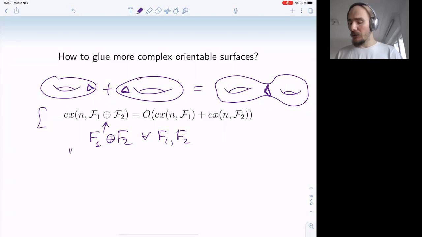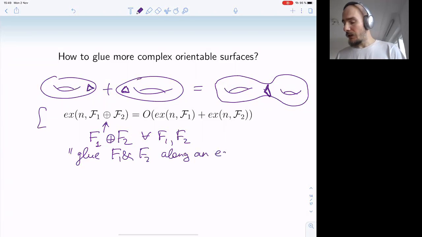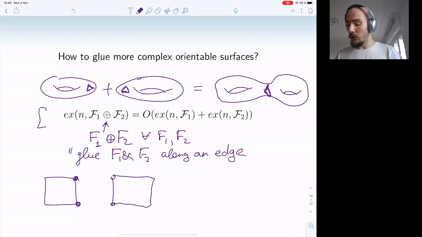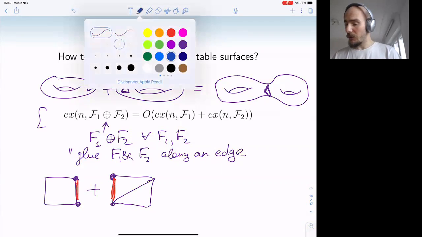We just literally glue F1 and F2 along an edge. So in a graph case, for example, if you have a graph like that, this is your edge that you want to glue along, and you can choose these edges. And this is, say, another graph. If you want to glue along this edge, what you get is exactly what you expect.